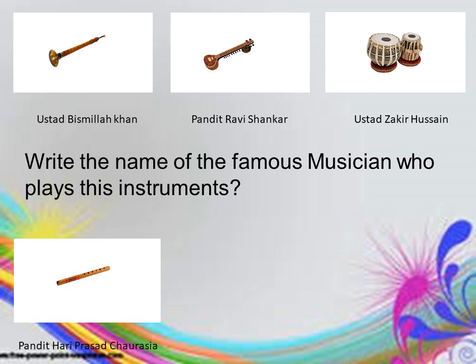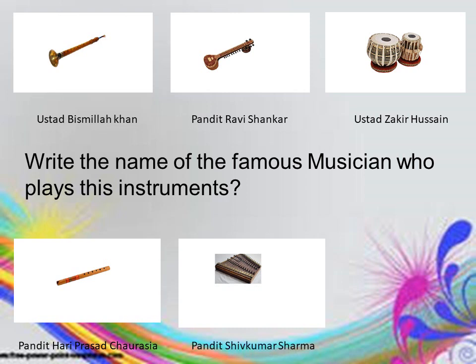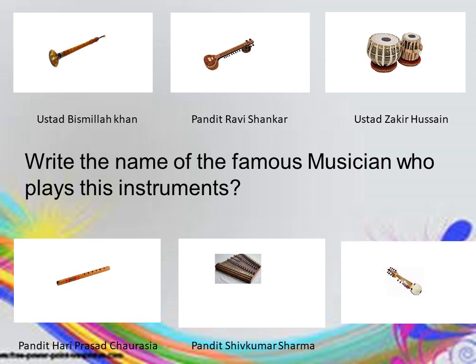Yes, it's a flute, and who plays it? Pandit Hari Prasad Chaurasia. The next one, which is this? Santoor, who plays it? Pandit Shiv Kumar Sharma. And the last one is Sarod, who plays it? Ustad Amjad Ali Khan. Students, please look at the instruments properly and the famous musician who plays each instrument.